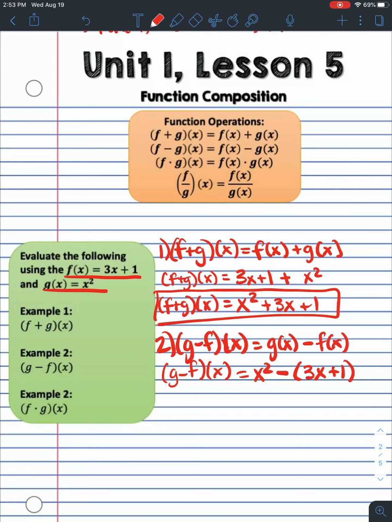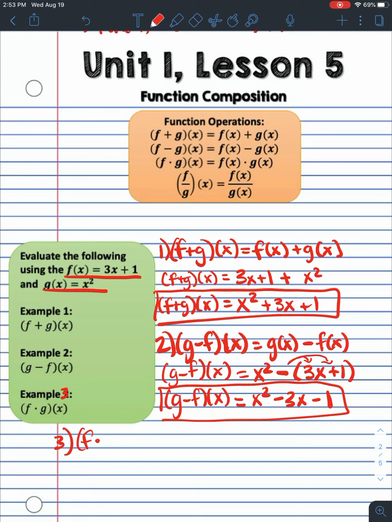But I'm subtracting off my whole f of x. So when I simplify this, I need to distribute this negative sign, and I will have g minus f of x equals x squared minus 3x minus 1, because negative 1 times positive 1 is negative 1. Okay? This should be a 3.